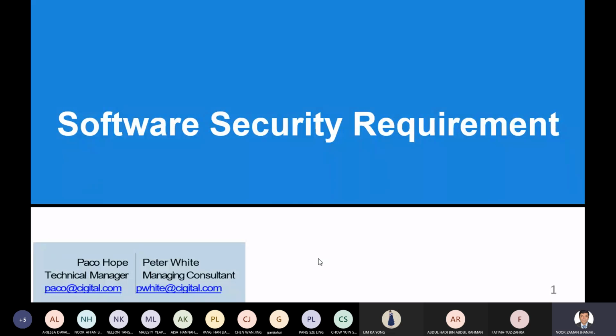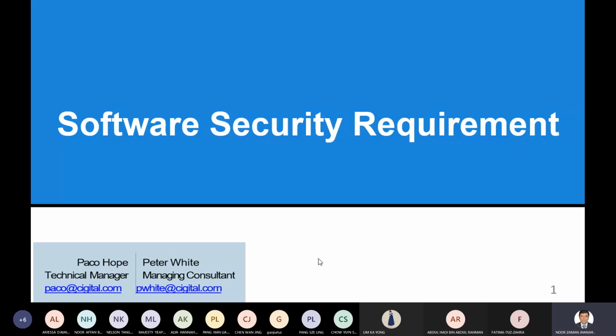They are the technical manager and managing consultant from Cigital. It's not digital, it's Cigital company. So this presentation we dedicate to them with their courtesy. We updated it, but the main contents are from them, and they are industry people who are talking about the security requirement.